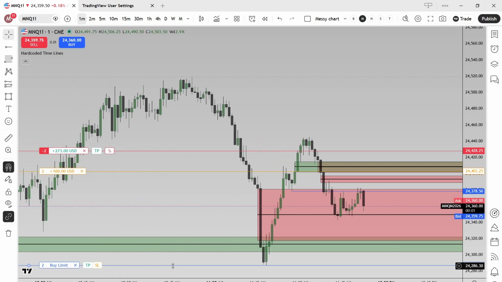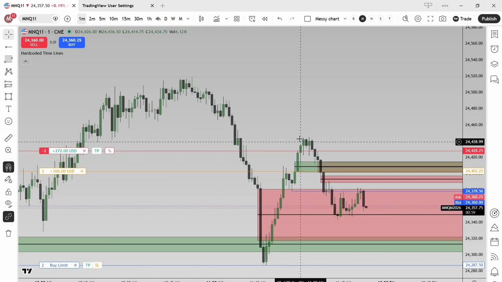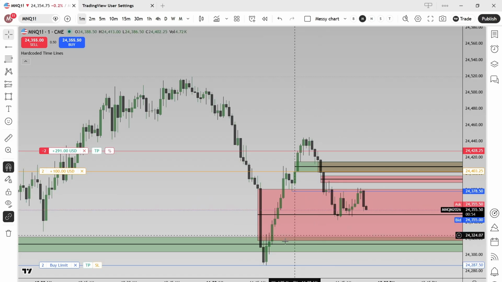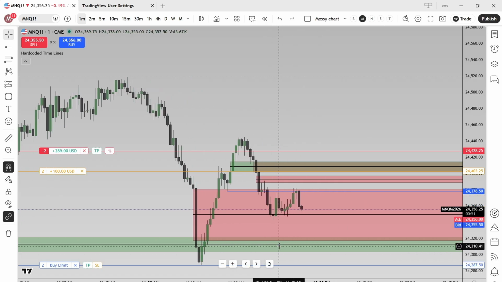This was to knock out late sellers. So I'm still thinking it's going to search liquidity.